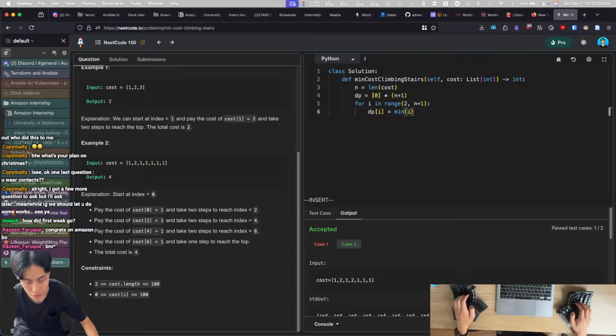So we're gonna have dp of I minus 1 plus the cost of I minus 1, dp of I minus 2 plus cost of I minus 2. Are we happy? Return dp of n.